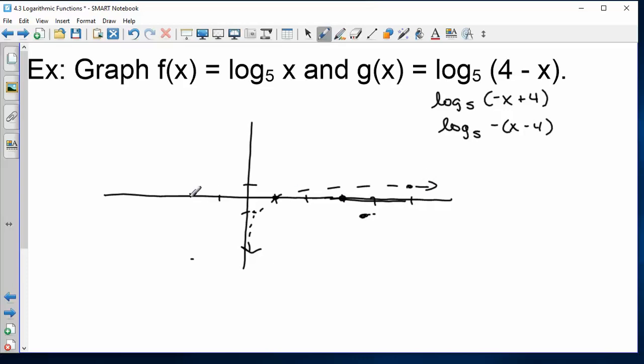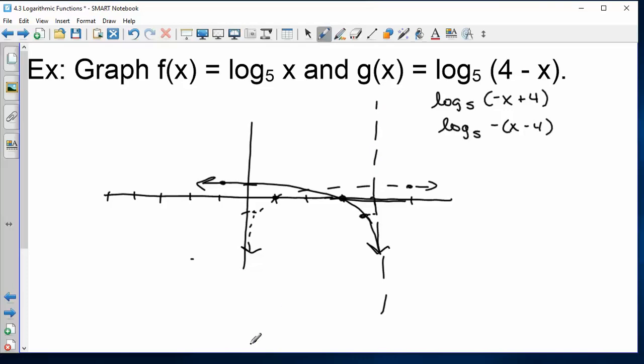This will go to a -5. And then right 4. And so our graph is going to look like this. Where is my asymptote at? 4, because when you move to the right, that moved your vertical asymptote to the right 4.